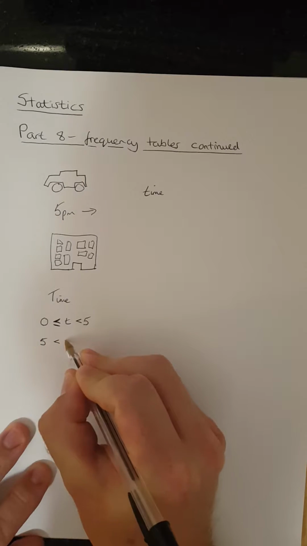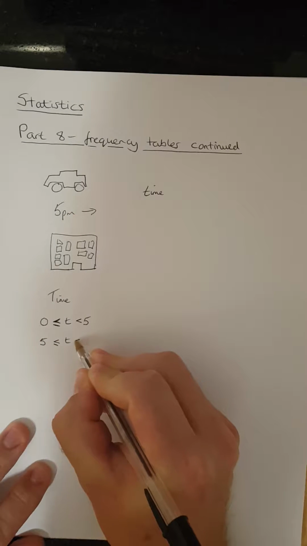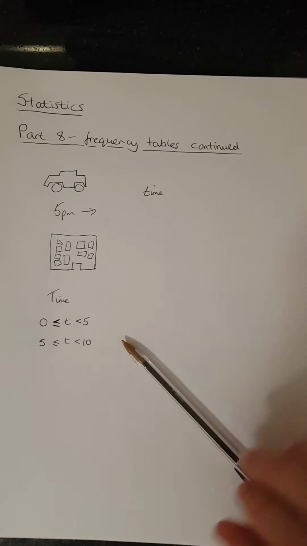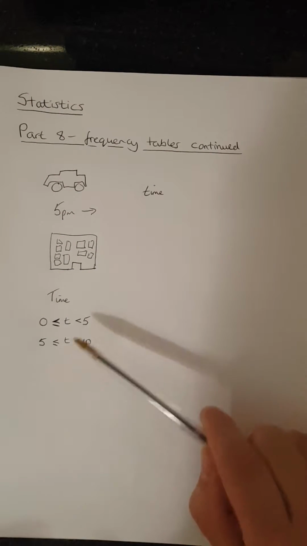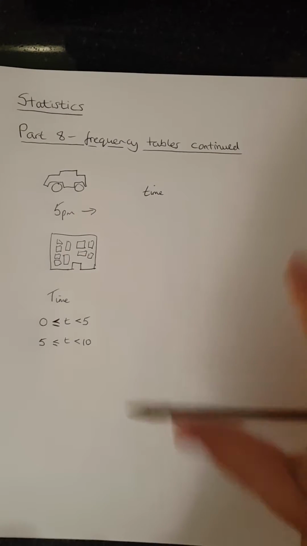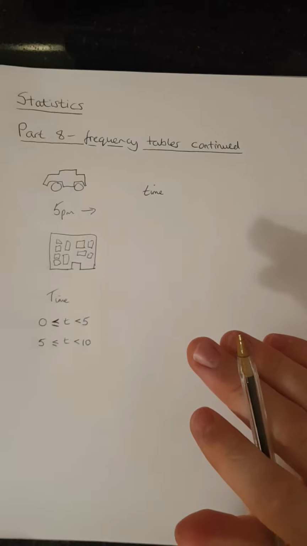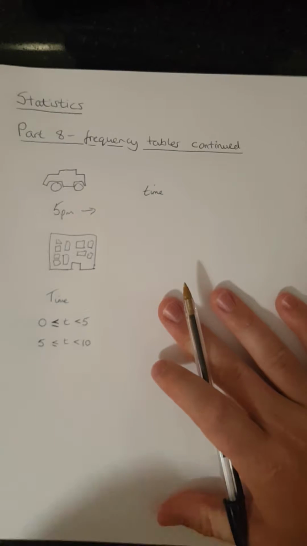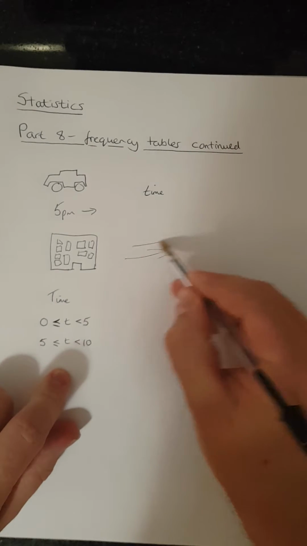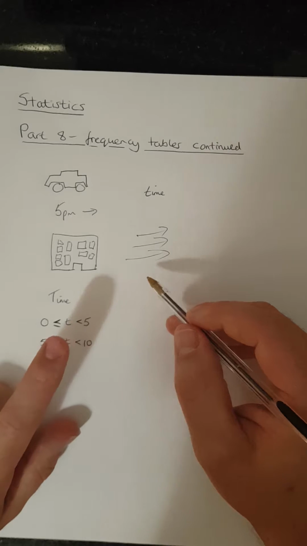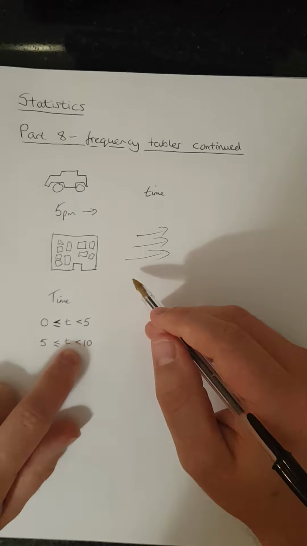I'm then going to count how many leave in the next 5 minutes. And my method for counting is this. I'm going to stand there, set my watch to beep every 5 minutes, and literally count the cars that whiz by. 1, 2, 3, 4, 5, 6, 7, 8. Not really quick. And because I'm counting so fast, as they whiz by, I can't actually record the exact time they leave.